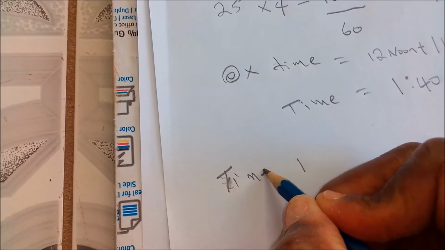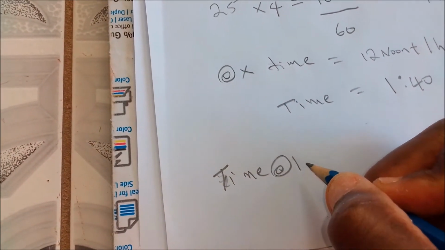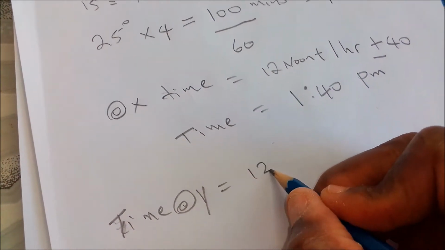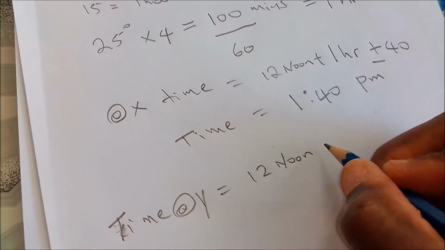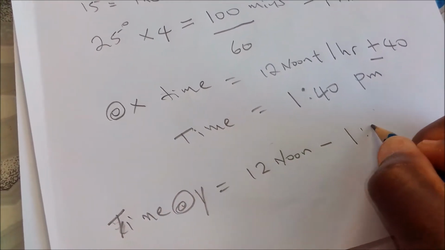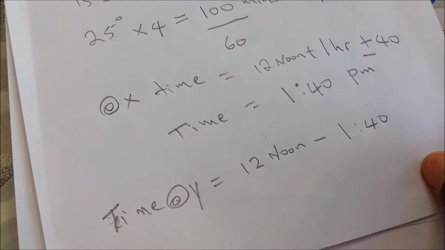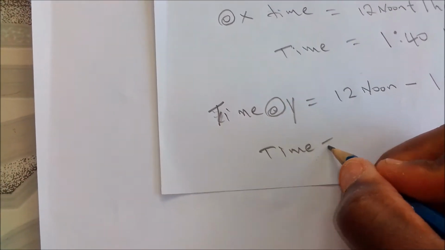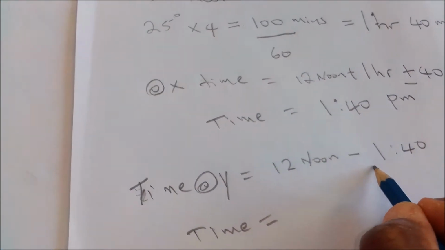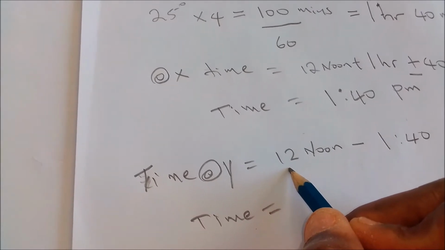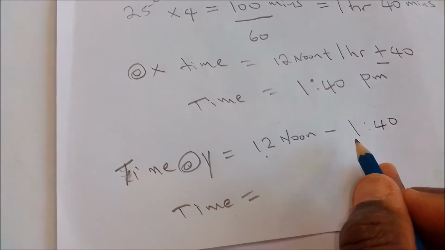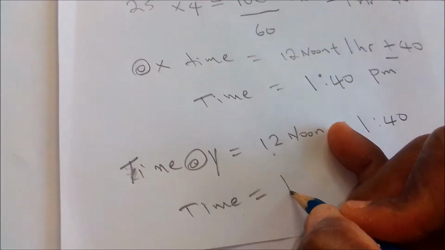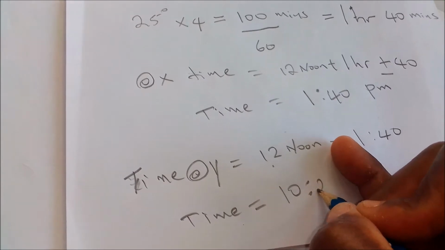Time at Y equals 12 noon minus 1 hour and 40 minutes. So time equals: 1 hour from 12 o'clock will be 11, and taking away 40 minutes from 11, you'll end up with 10:20 a.m.